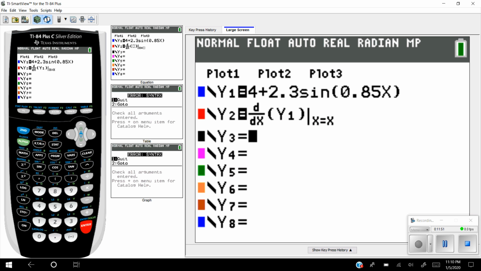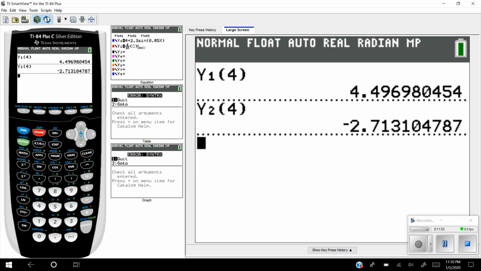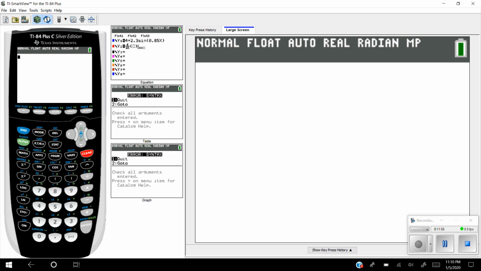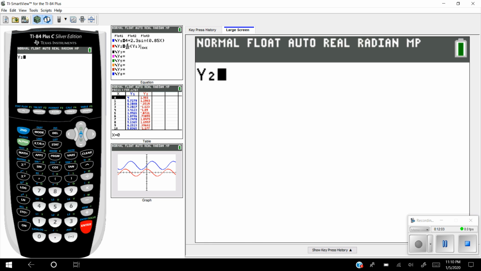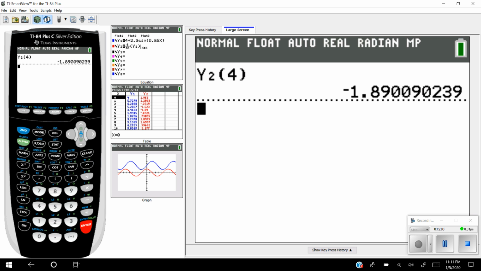Okay. So since I want the acceleration at 4, that's y2, so I'm going to go y2 at 4. And I get negative 1.89.